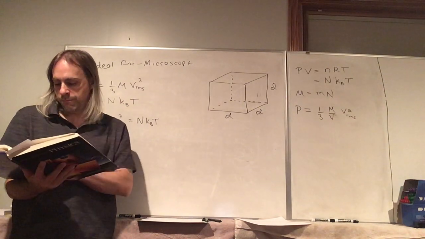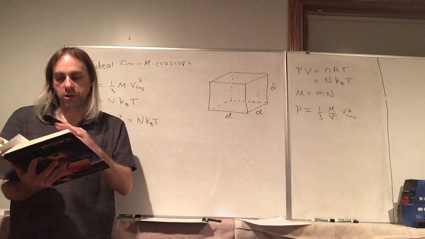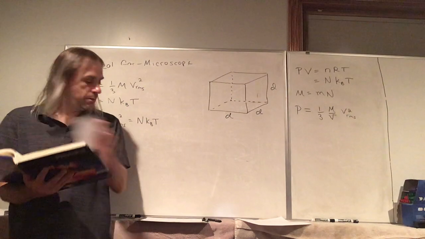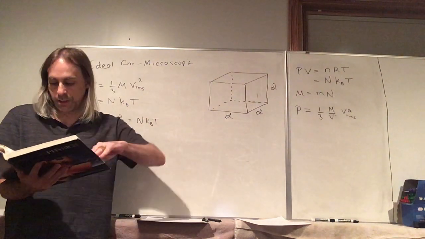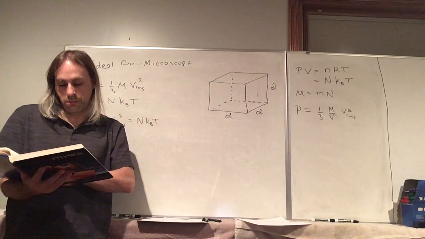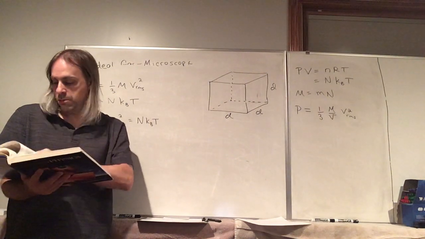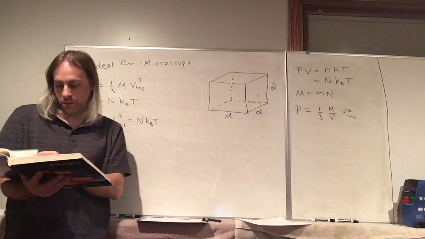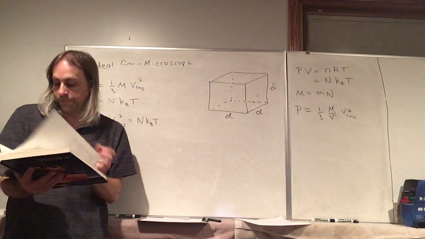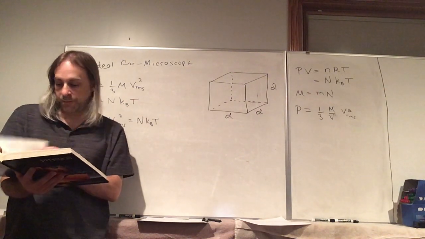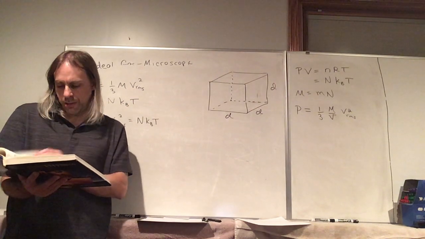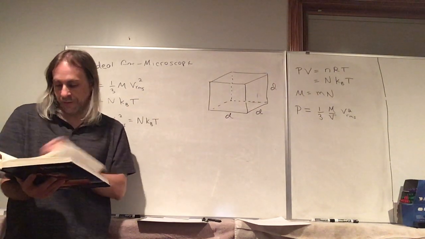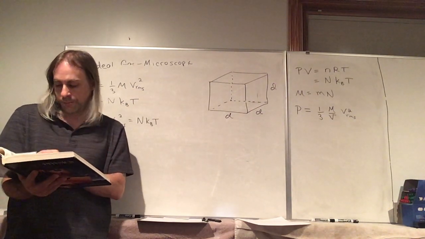But I should have had this page marked earlier. There's a really nice experiment that checked it and confirmed Maxwell's theory on this distribution of speeds. So let me just move around until I can find this picture.